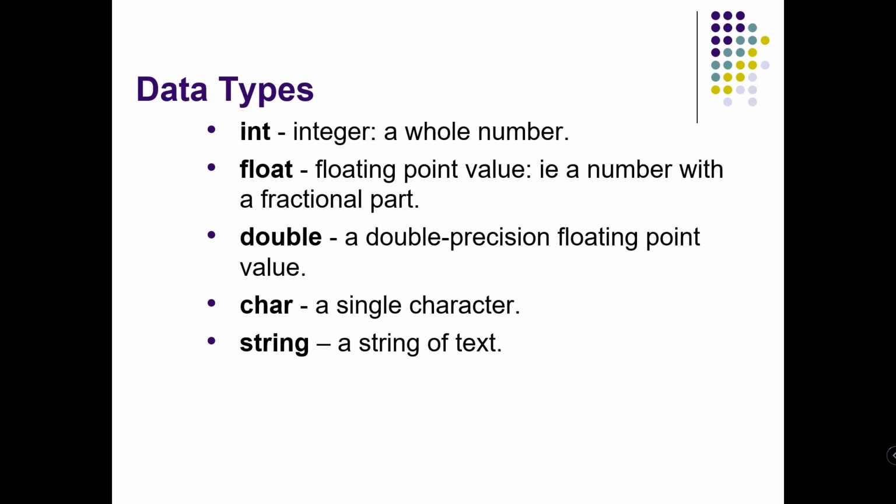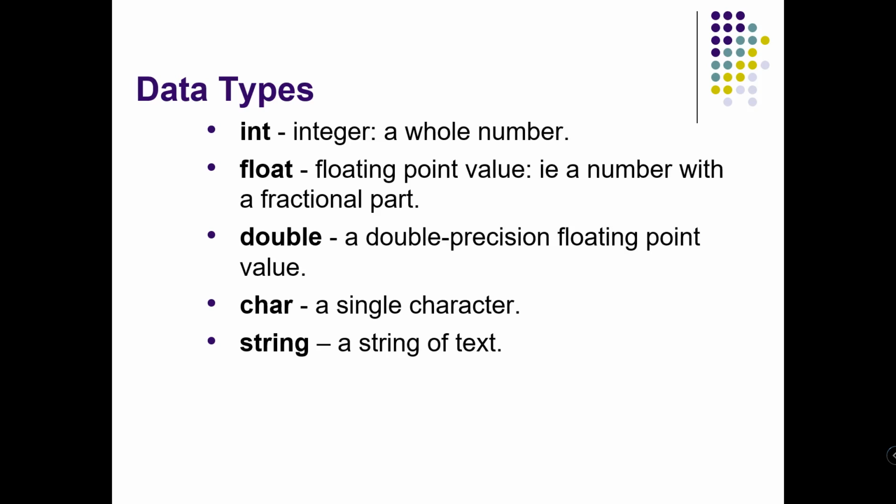Now, as I already mentioned, all of those have different container sizes. For example, you deal with float, double and int. Int is the smallest one. Double would be a bigger one.